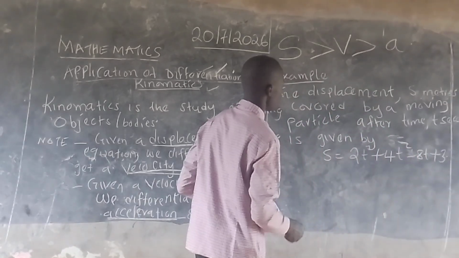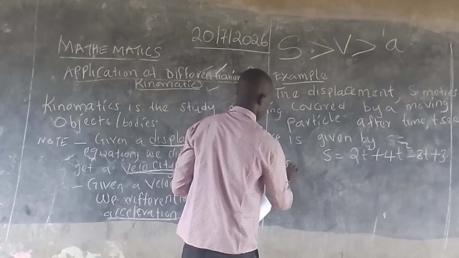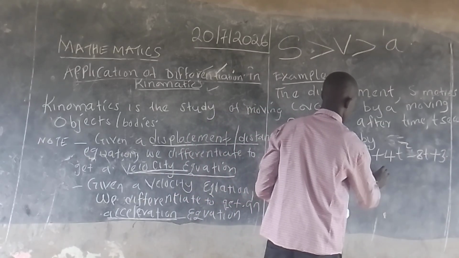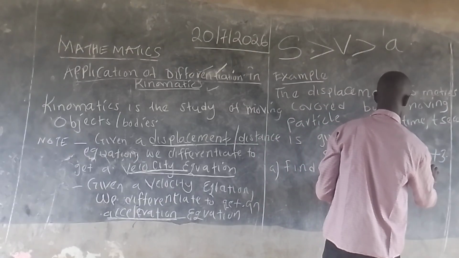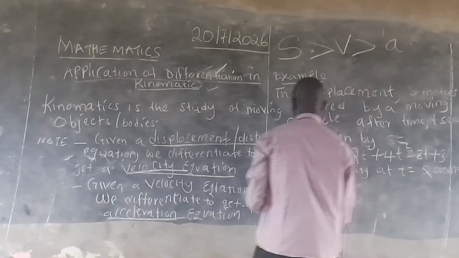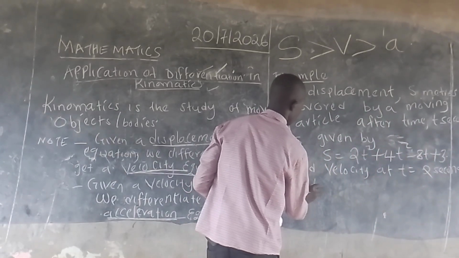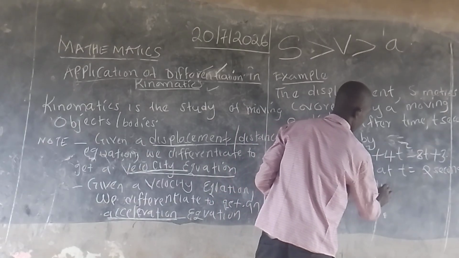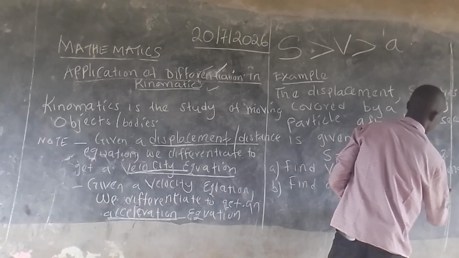That's the question. Part A says find the velocity at t equal to 2 seconds. Part B, find the acceleration at t equal to 5 seconds.